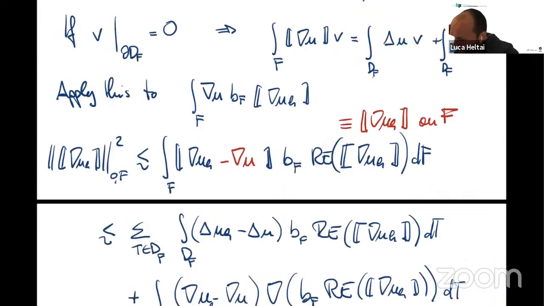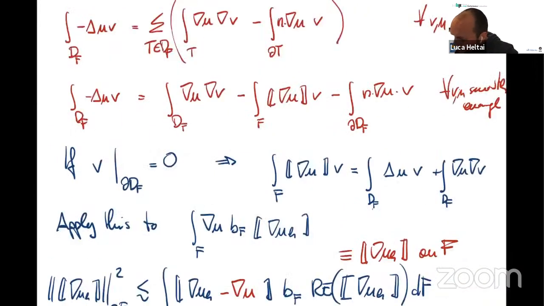Of course, in order for this to be valid, probably I should have written this integral here also split into two parts. So this would have been the sum over t in df of the Laplacian of uv. Okay, and again here this is the same.